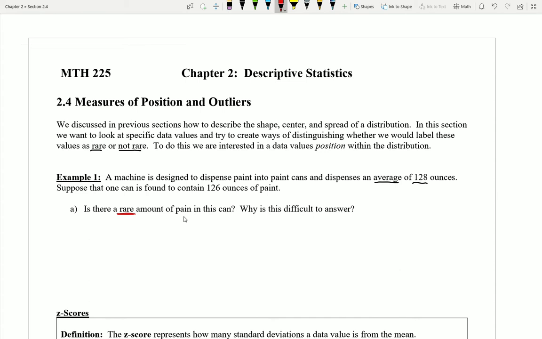Well, I kind of almost give away the answer to the first question by the second, because I ask here, wait a minute, why is this actually going to be difficult to answer? As we can probably see here, 126 ounces of paint seems pretty close to 128 ounces, but what feels close isn't necessarily always the best measure of what is rare or not rare, right?